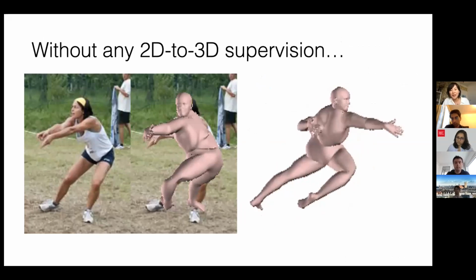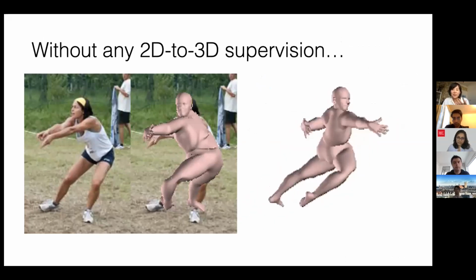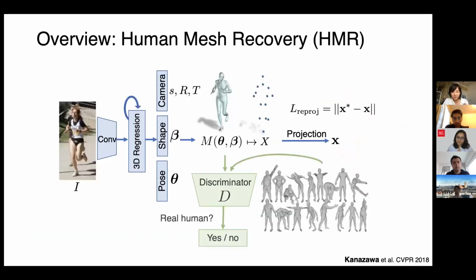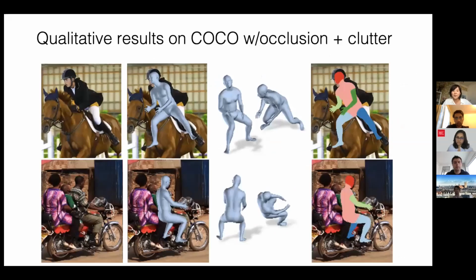So you want to make sure that the space of poses that it outputs is on the manifold of possible human poses. And then we set up an adversarial prior like this with a discriminator to do this. And then more recently, this kind of idea has also been used for video. Anyway, I just wanted to give a very quick overview. So, okay, that allows you to recover these humans in cluttered environments.